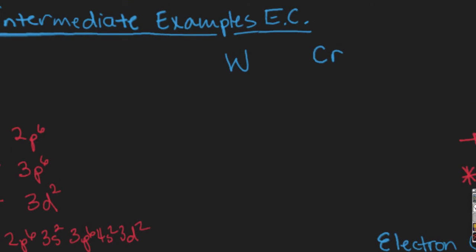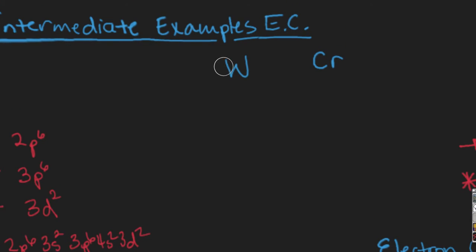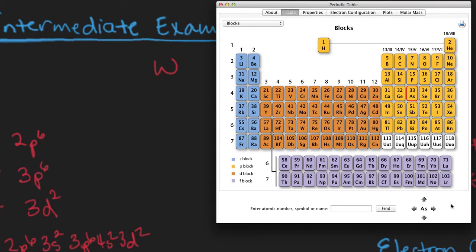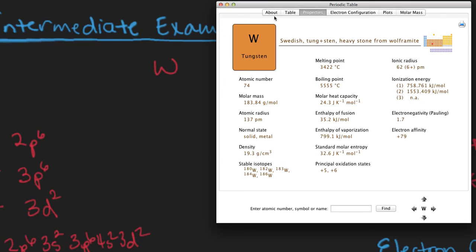Okay, let's see. We can do tungsten. I'm just going to do the shorthand from now on, unless they ask you to do the long notation. Go ahead and use the shorthand. So tungsten, where is good old tungsten? Right here. Okay, so we have 74 electrons.